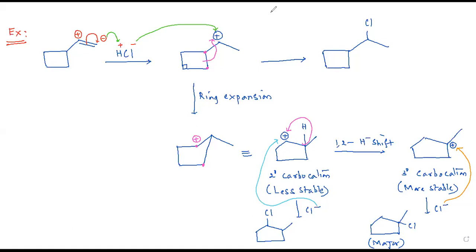So we get 3 products. First one, second one, and the third. 3 products.